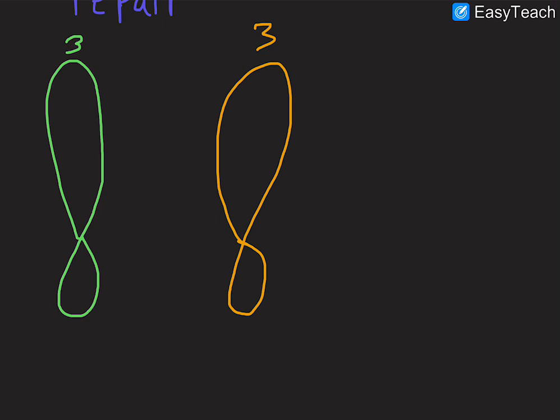For example, if this gene was for eye color, the gene here on the chromosome you got from your mom is coding for eye color, and the gene in the same place on the chromosome you got from your dad, same chromosome 3, is also coding for eye color.